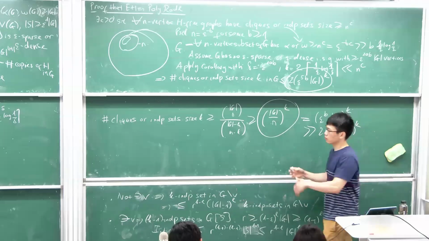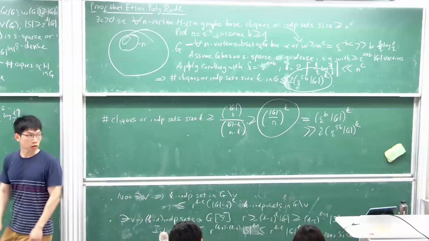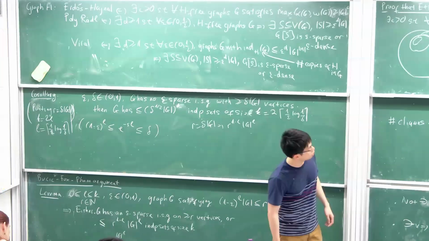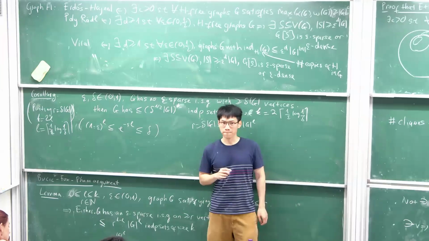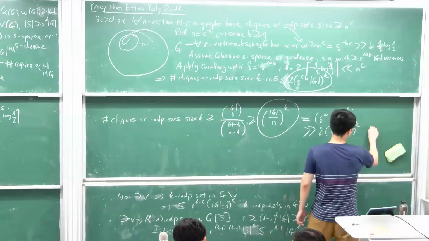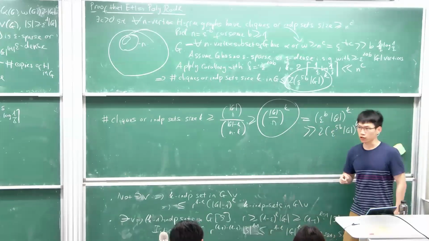So all that's left to do is to plug in suitable numbers, a suitable number b depending on c. Any questions?